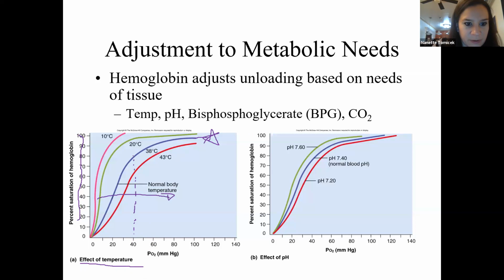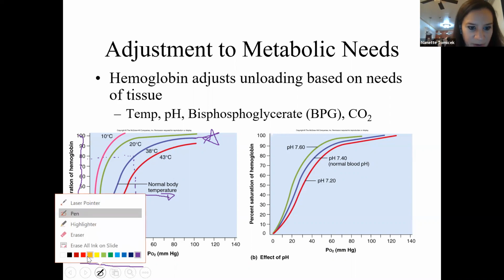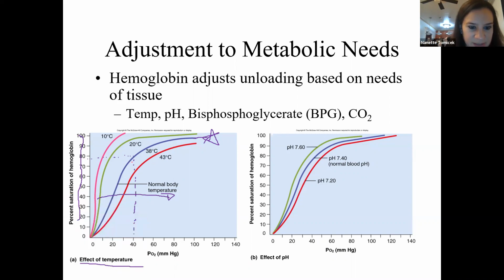Again, if we were at a normal body temperature, that's hitting us on the curve right where we thought we would be, at about 70 to 75% saturation of hemoglobin.